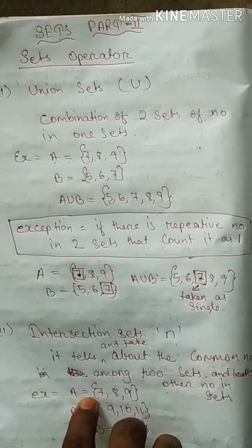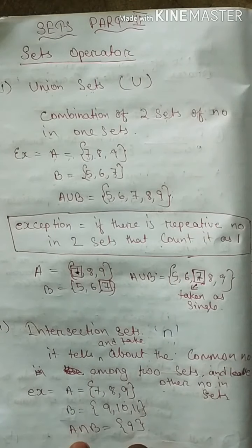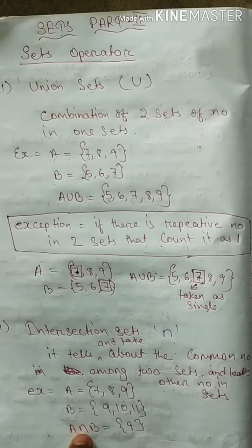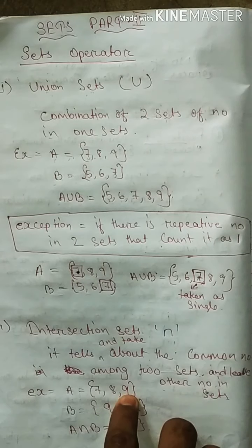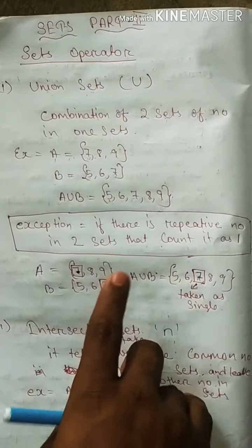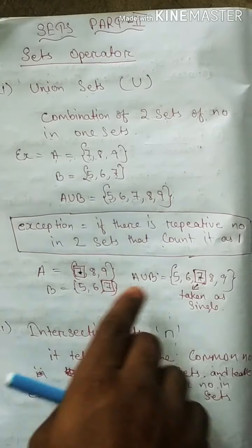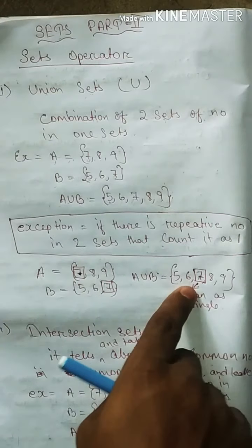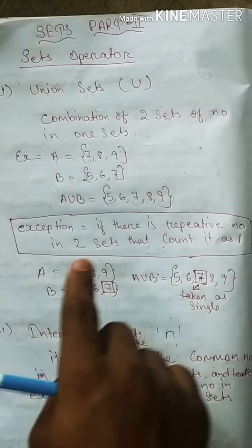Example: A is equal to 7 8 9 and B is equal to 9 10 11. A intersection B is 9. See here, common is 9. In union, when a number is common we take it once: 7 7 means 7, 6 6 means 6.